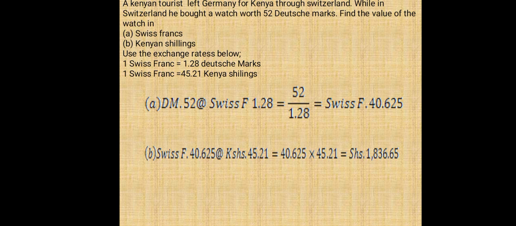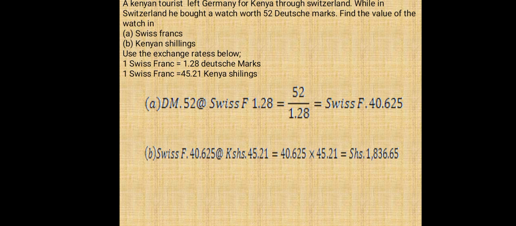But we can also do it directly step by step. Now, Deutschmark to Swiss franc, the exchange rate is 1.28. So, to convert 52 Deutschmark to Swiss franc by dividing by 1.28, we get 40.625 Swiss francs.